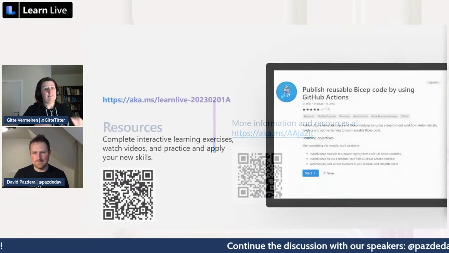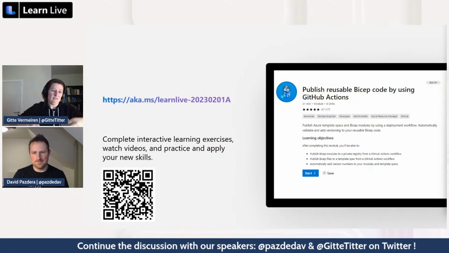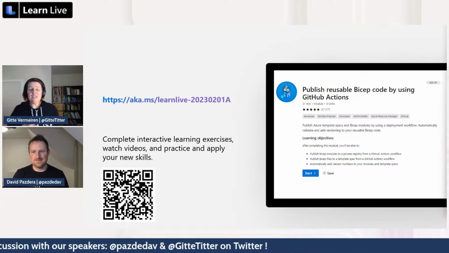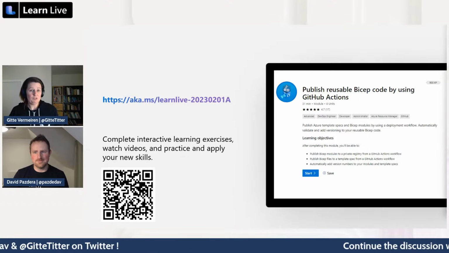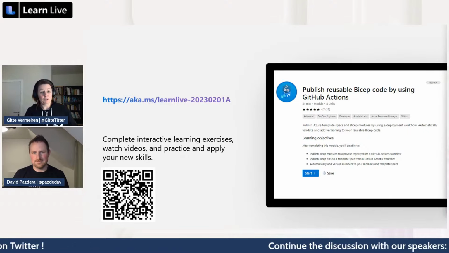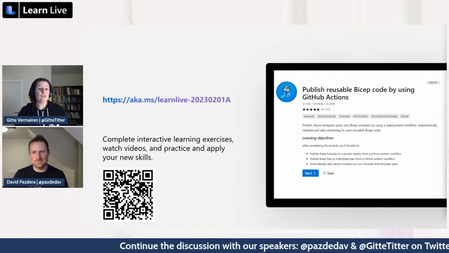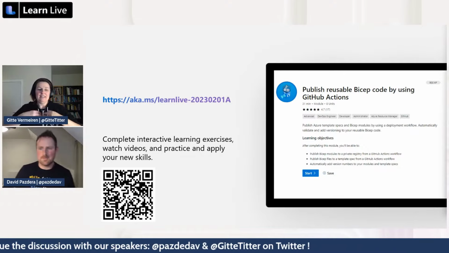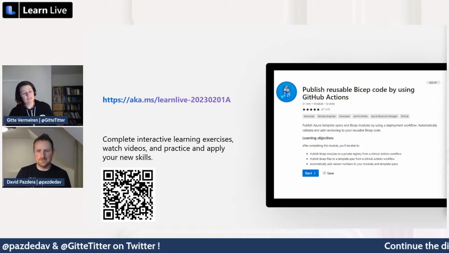Also, don't forget, even if you didn't follow along with keyboard interaction with the module, I strongly recommend that you go to this specific Learn Live module, or the Learn content on the Learn platform, and try out those exercises on your own as well, because it's through practice and by doing this that all of these things will start making sense.